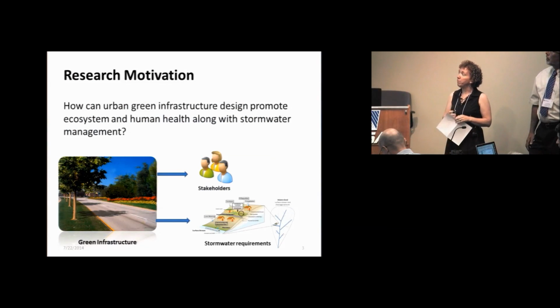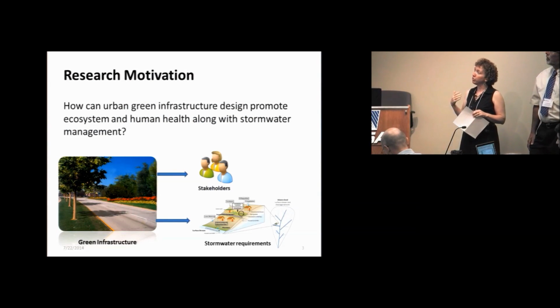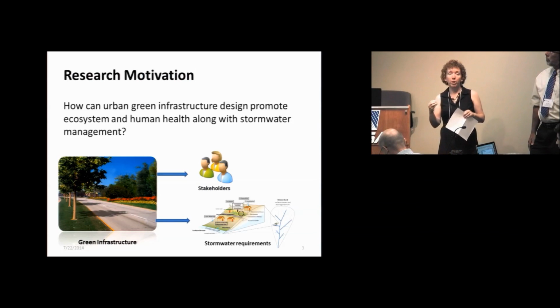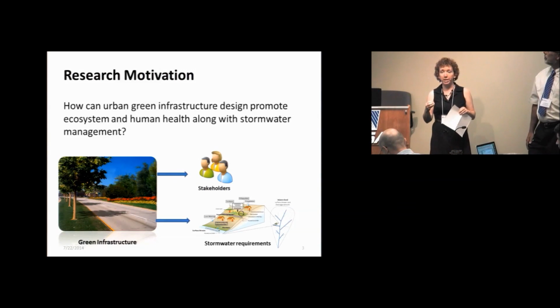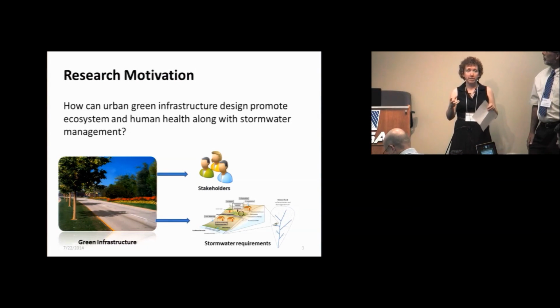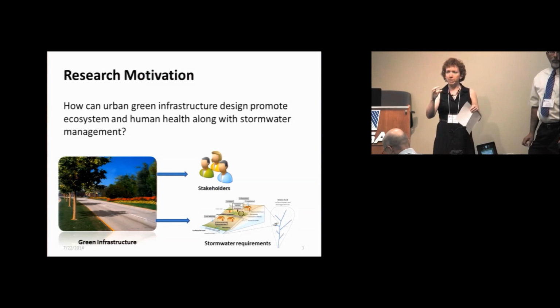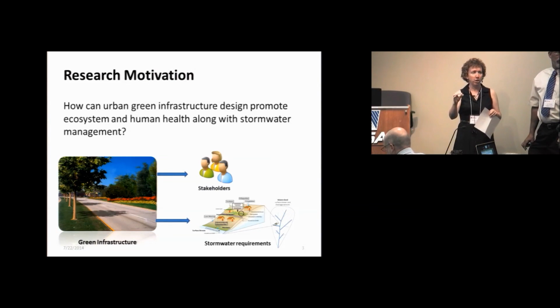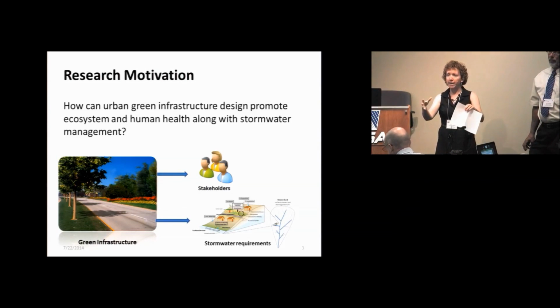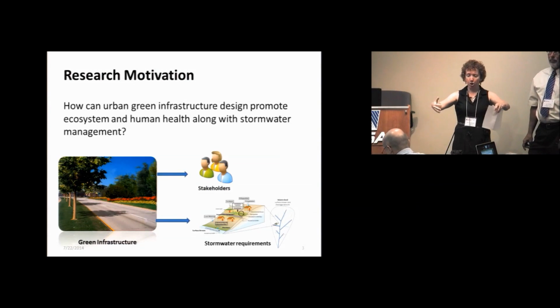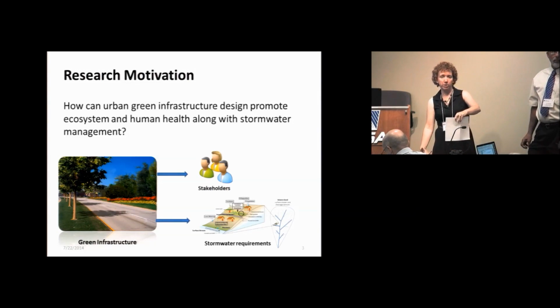So overall, the motivation of this use case is to try to understand how a typical stormwater engineer would design one of these things and say, I want to be able to capture the first inch of rain that falls in any given storm. So I'm going to design this rain garden that'll capture that and then filter the water into the ground.